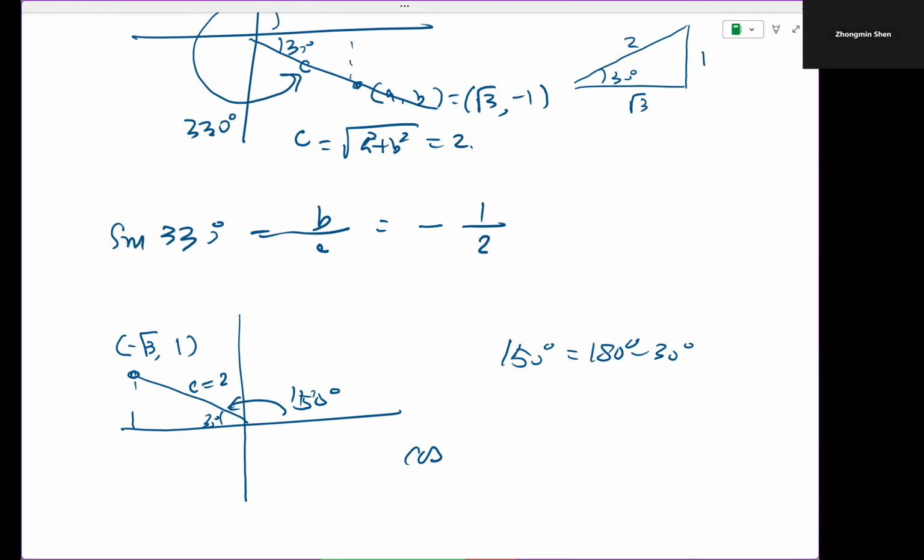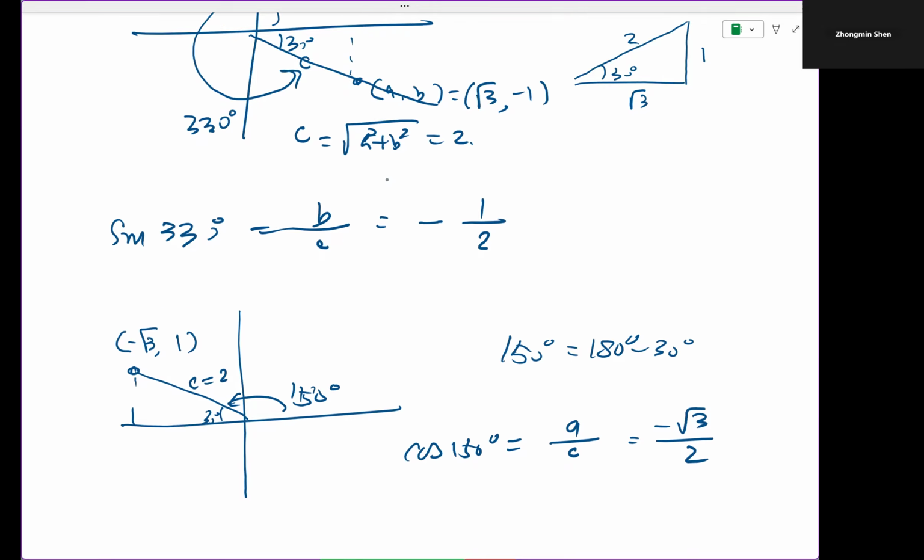So cosine 150 degrees is going to be A over C, which is negative square root of 3 over 2. So that is how we find it.